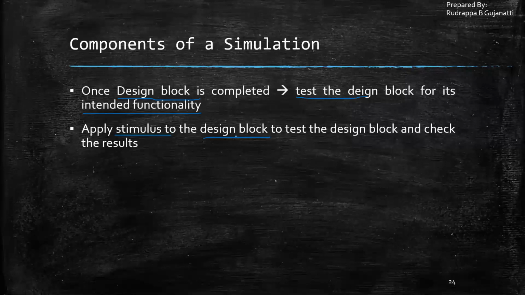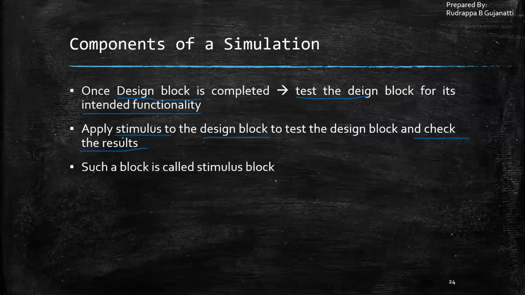Once we give the stimulus to the design block, we'll be obtaining some results, and we need to check those results to see whether the functionality is properly implemented or not. If some errors pop in, maybe logical errors or any other errors, we have to check what changes I have to do. That is what we had seen in the design flow approach that we had discussed.